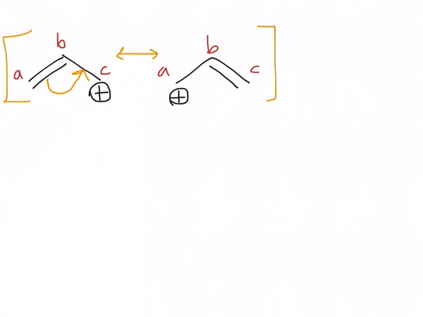And again, we show this double-headed arrow, which means these two Lewis structures are resonance forms, and we put them in a bracket. And the resonance hybrid, the real structure of this carbocation, is this.